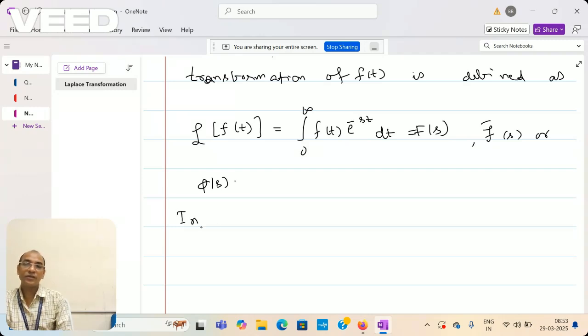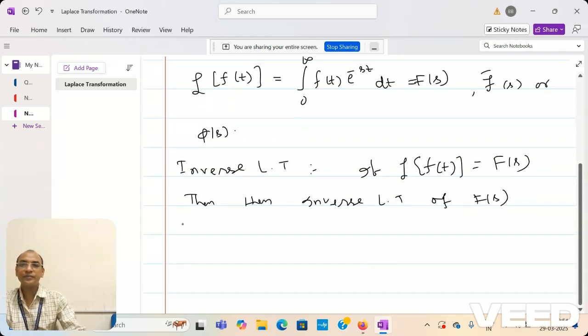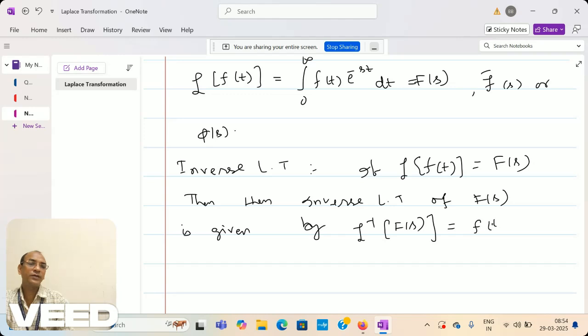If the Laplace transformation of the function f of t is F of s, then the inverse Laplace transformation of F of s is given by L inverse of F of s, and that will give you the original function f of t.